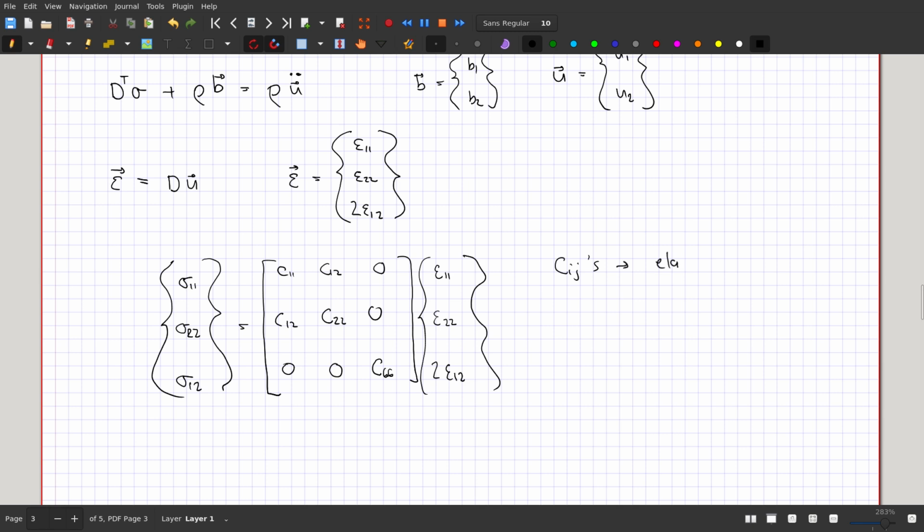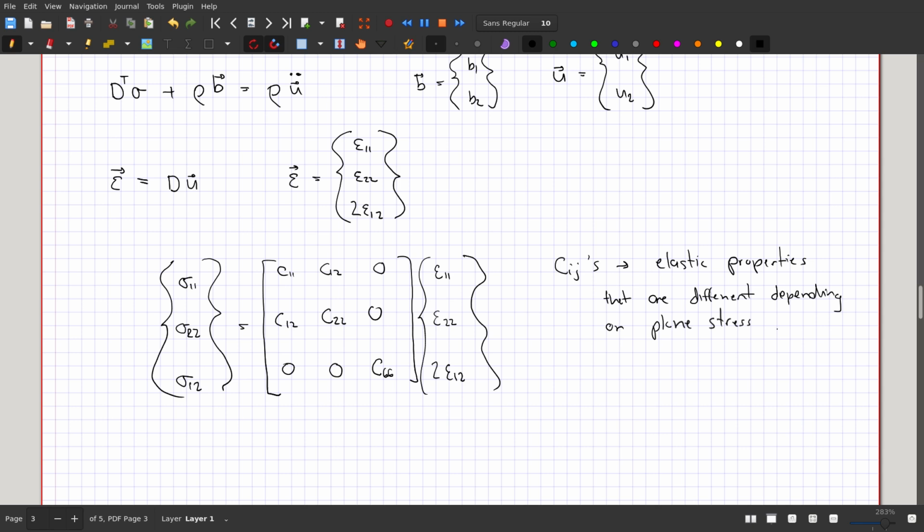But basically you have to look up the Cij's, which are elastic constants or elastic properties that are different depending on plane stress or plane strain.